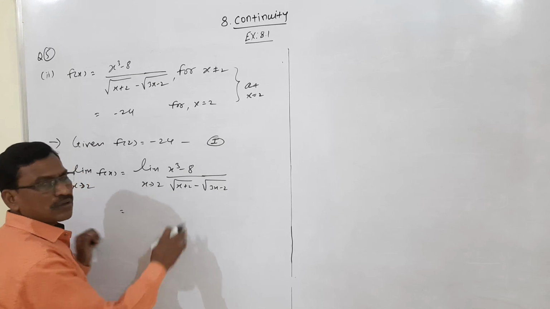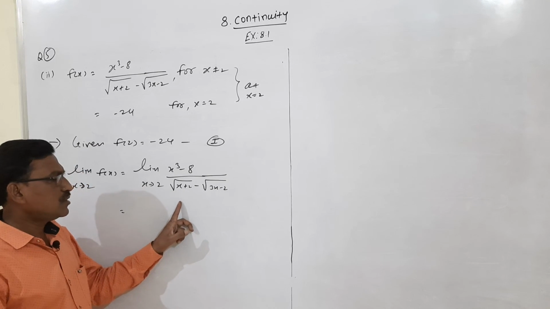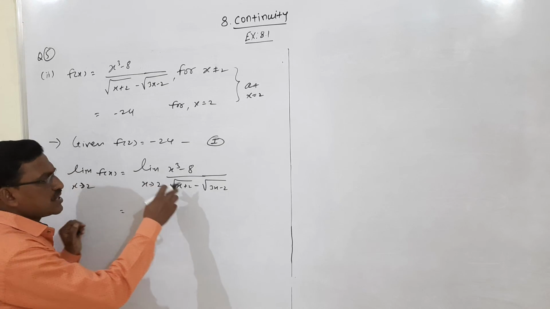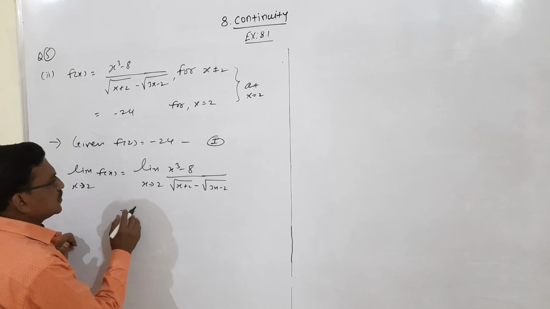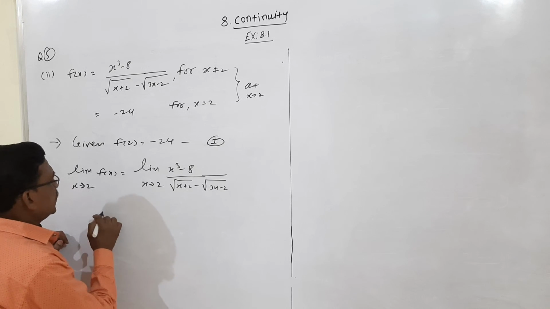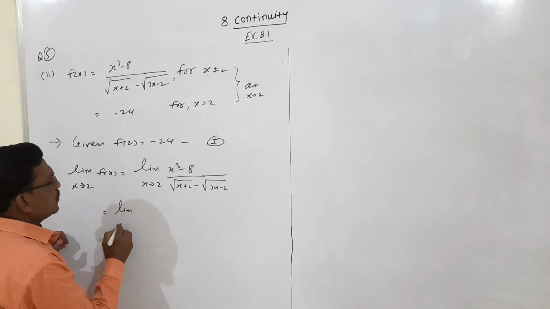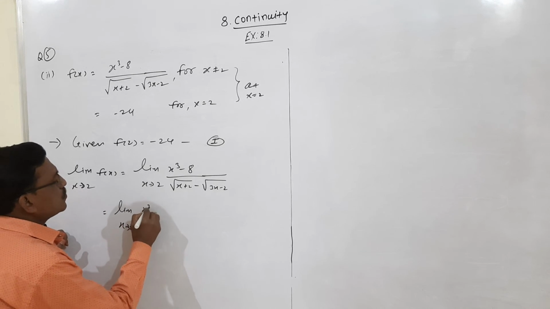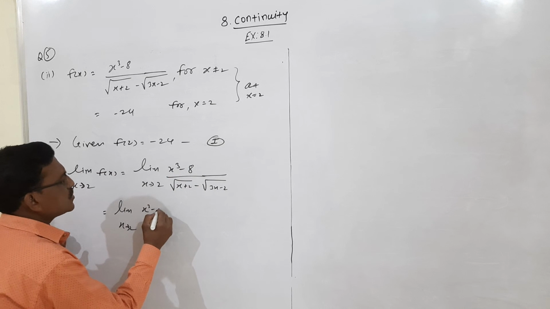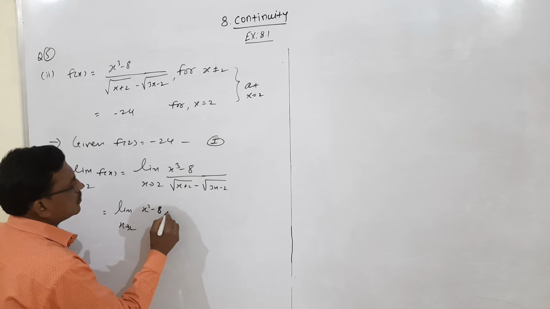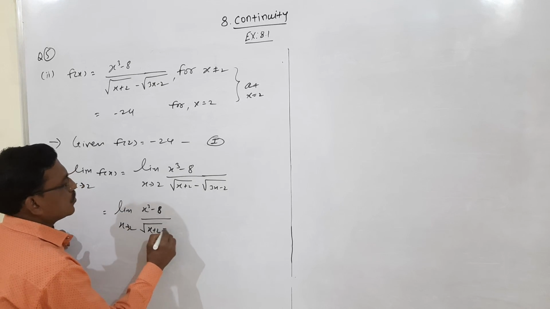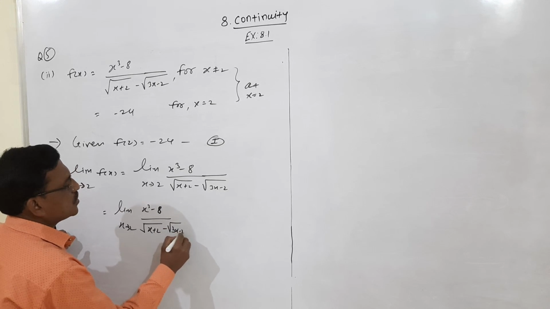Here in the denominator this is an irrational function, that's why we rationalize the denominator. Rationalizing the denominator, this is equal to the limit as x tends to 2 of x cube minus 8, divided by root of x plus 2 minus root of 3x minus 2.